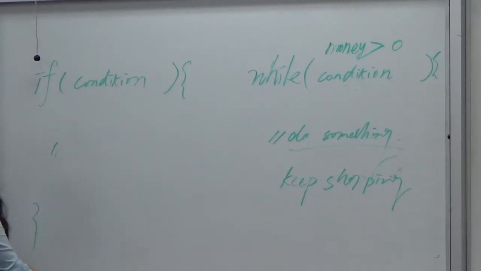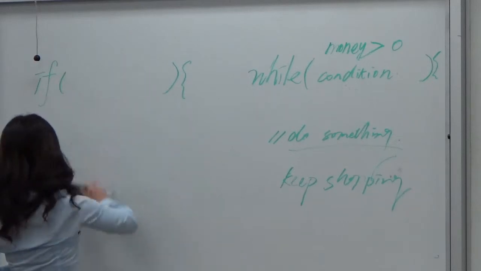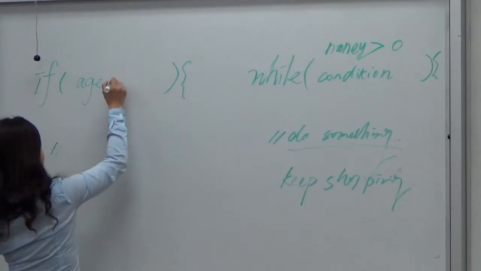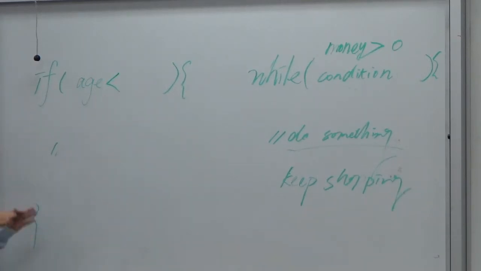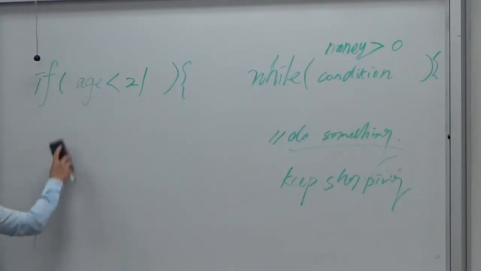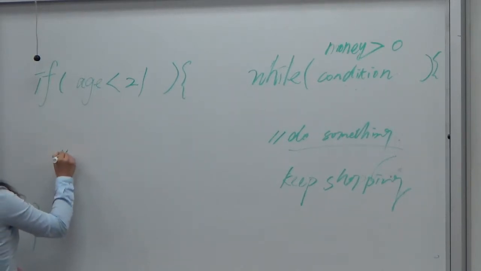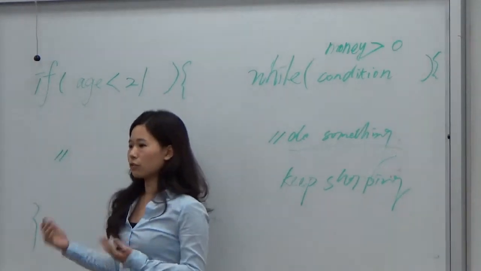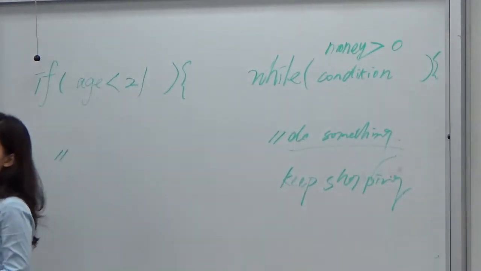So in this condition, we'll say if the age of the customer is smaller than the legal age to drink. So what's the legal age to drink? 21, right? If the customer is younger than 21, then the bartender should offer him a soft drink, milk, water, soda, and so on.